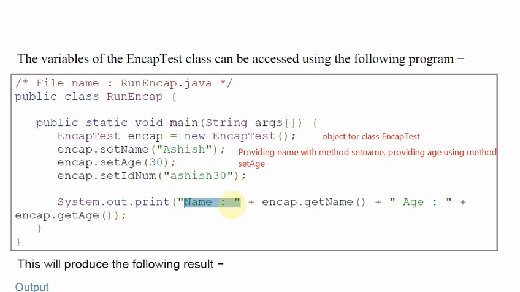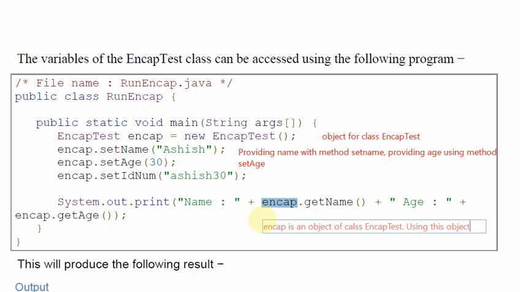But according to our convenience, I am just printing my name and my age, with the help of the get method. And this inCap is, sorry, not a method, it is an object of class InCapTest.